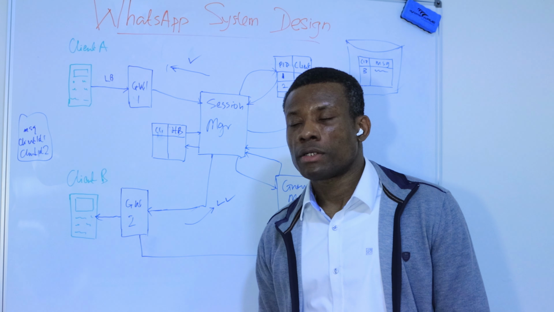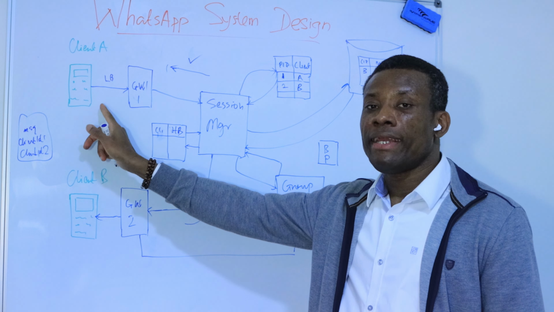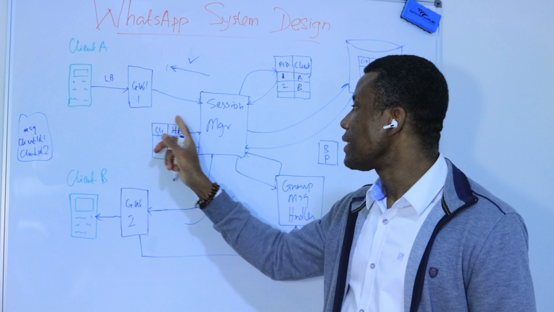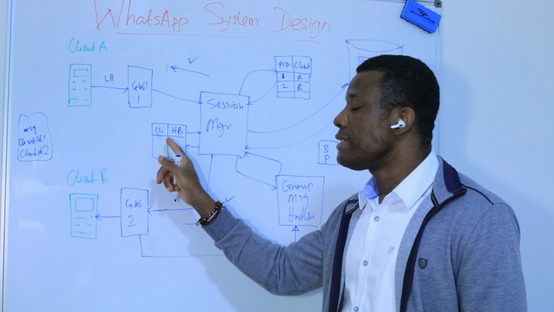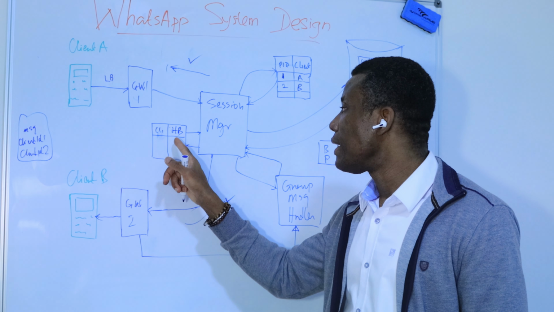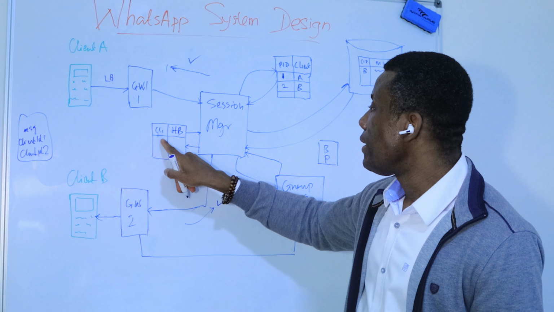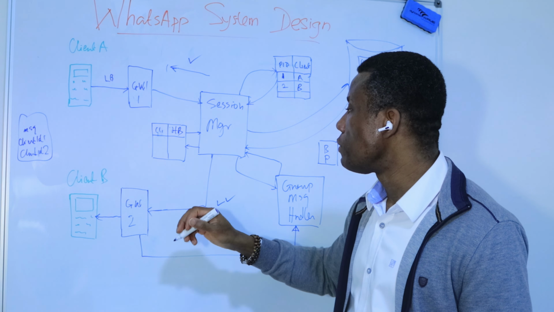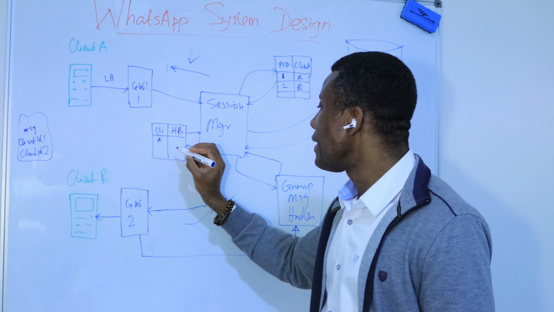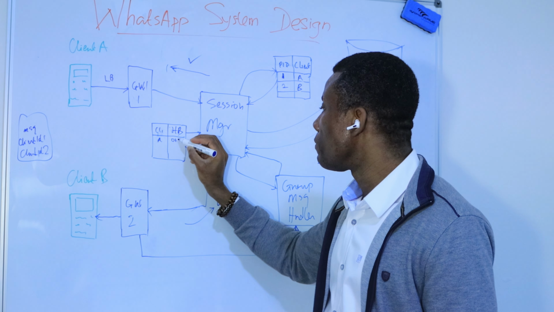So how does it work? Once a client is connected to the session manager, it enters a heartbeat into the heartbeat cache or this heartbeat table, the client and the time.